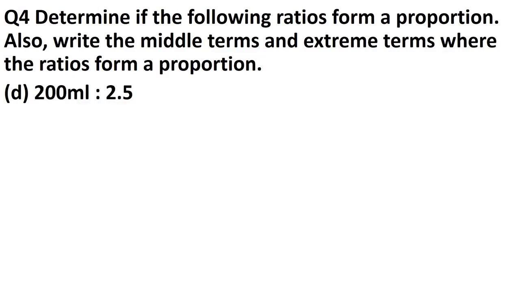200 milliliter, 2.5 liter, and rupees 4, rupees 50. What I have told you is that if the units of the ratios are not the same, then we have to make them the same. Now see here, one unit is given in milliliter and one is in liter. So we have to make them equal.